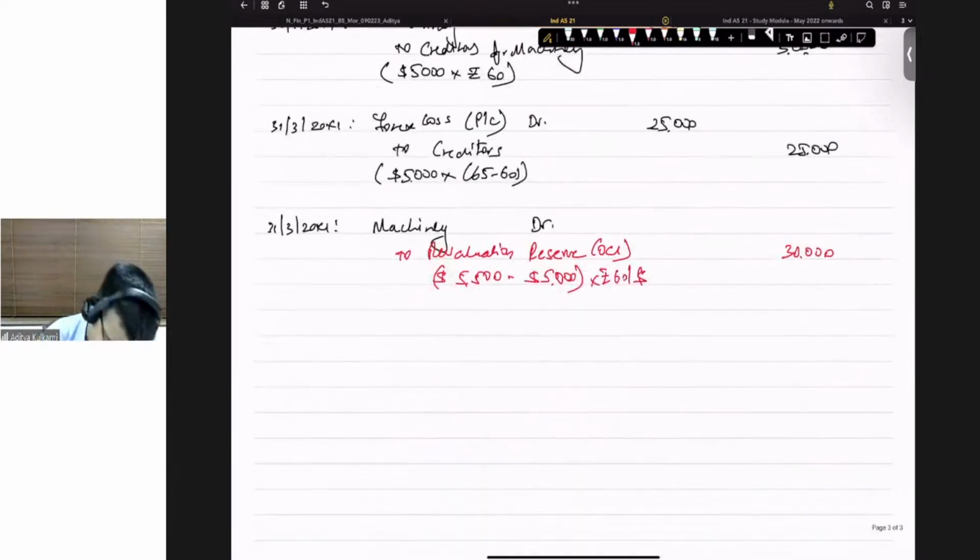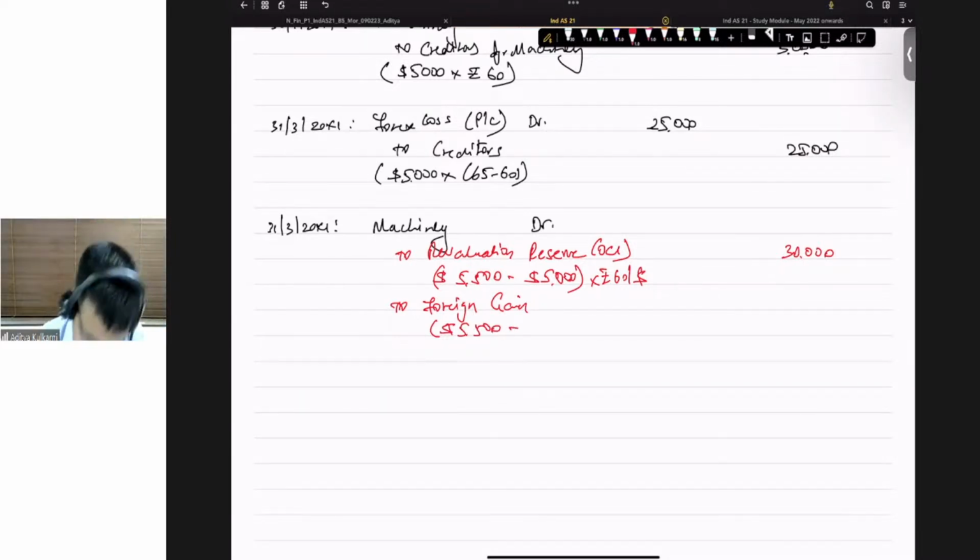Yes. And finally, to forex gain. How do I record it? 5,500 into, on the date of revaluation it was 65, before that it was 60. So 65 minus 60, 5, multiplied by 5,500.